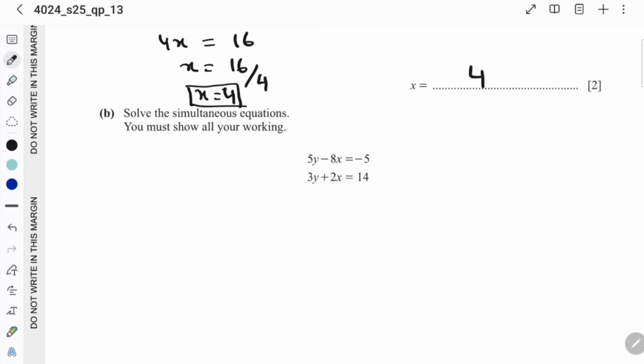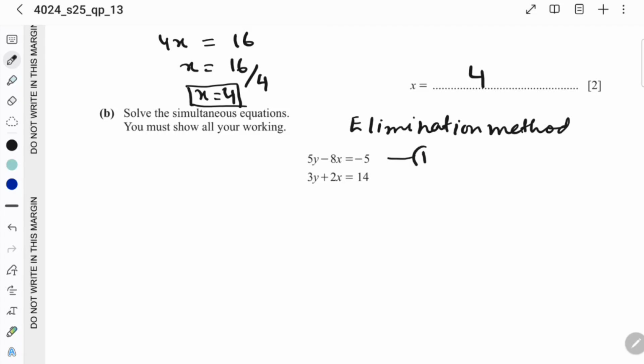Now you have to choose which variable to eliminate. This is 5 and 2, this is 8 and 2. Making 2 into 8, you just multiply by 4 to make it 8x, and they will have the opposite sign also. You can easily cancel it, but you will have to multiply by 4 throughout the equation. This is called the elimination method.